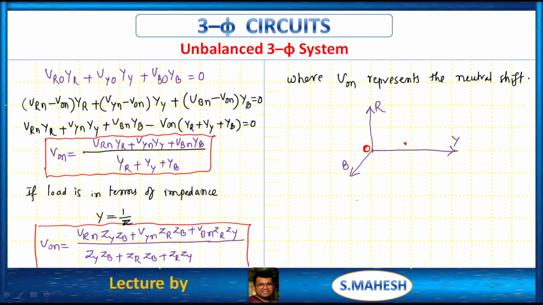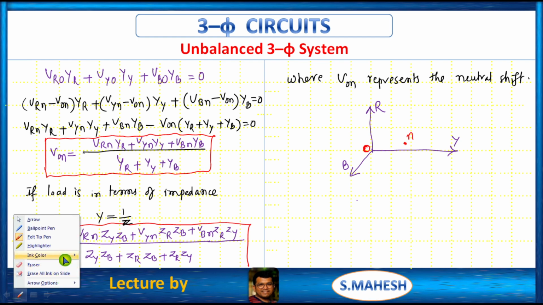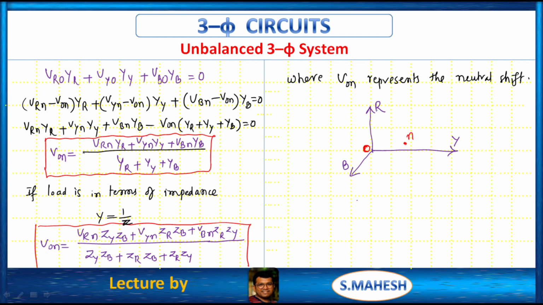This is N. Because of this R phase, this Y phase, and this B phase, where is the neutral shift?